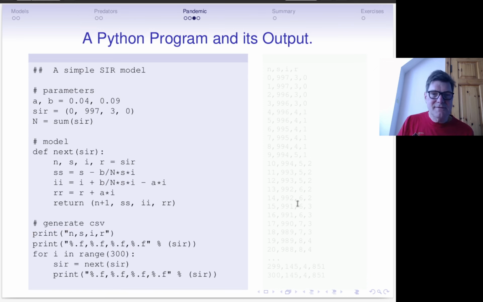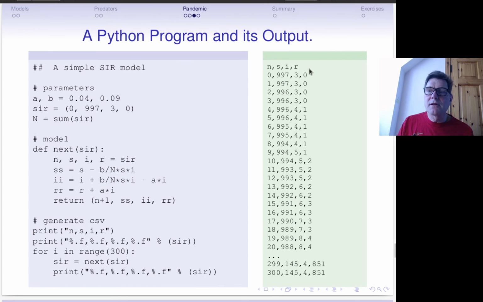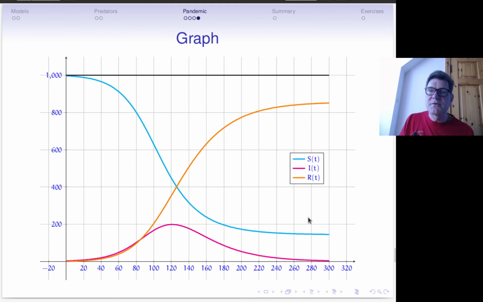So this program produces an output like this, a list of numbers showing how over 300 days the sizes of these different classes in the population develop. In particular, the drawing program that I use here to draw graphs of functions understands this CSV format, so I can feed this list into the drawing program, and it shows me the development of these curves over time.